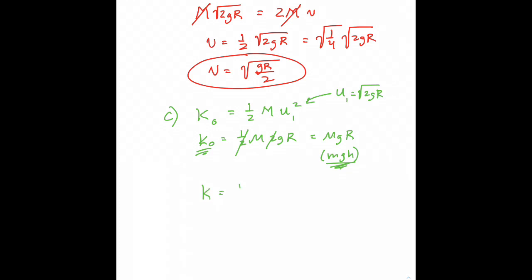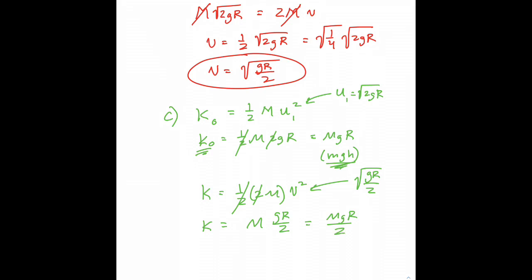The final kinetic energy is 1/2 times a mass of 2m, and times the final velocity squared, but the final velocity is the square root of gr over 2. So our final kinetic energy is m times gr over 2, or mgr over 2.